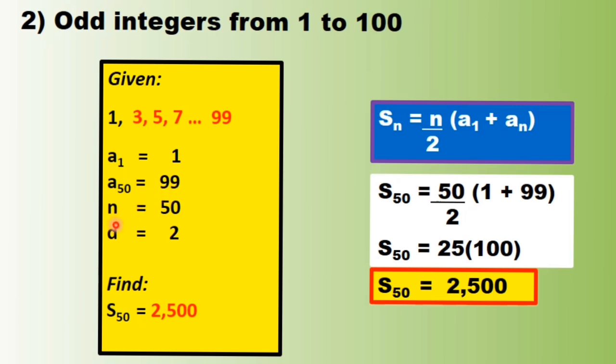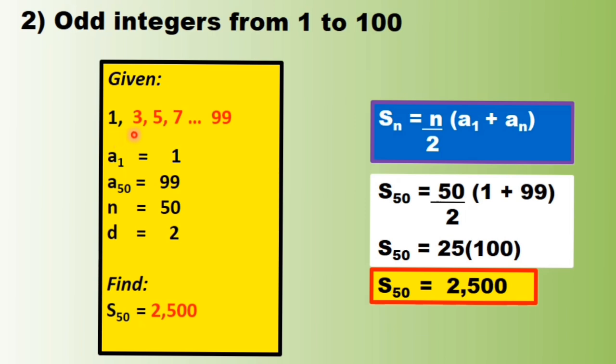Number of terms is 50. Kasi may 50 na add integers lang from 1 to 100. Common difference is 2. Kasi meron siyang interval na 2.